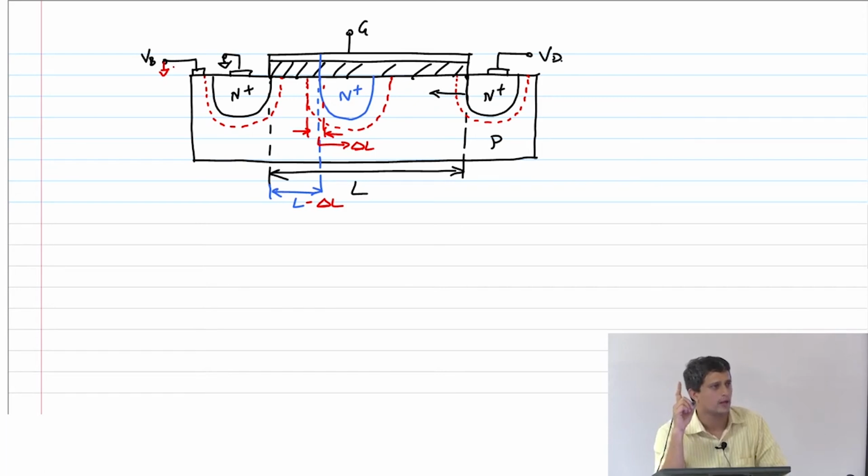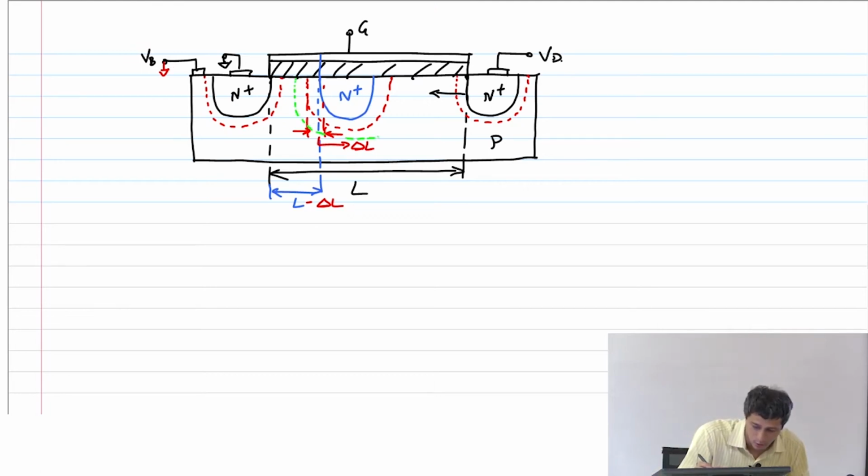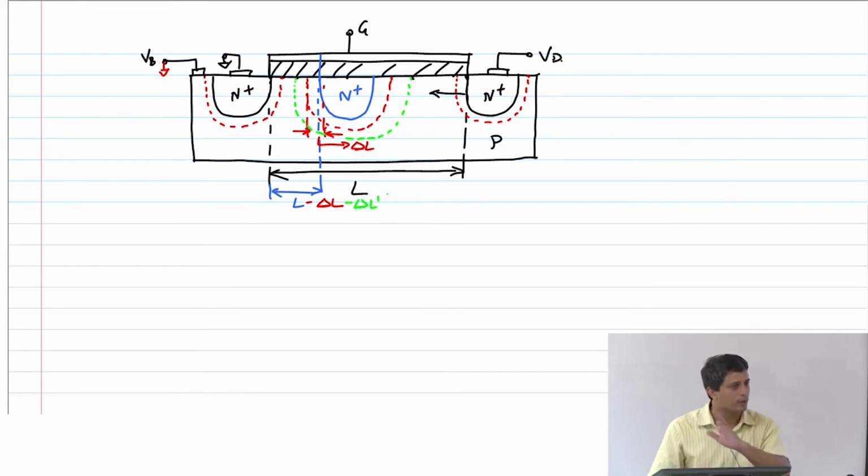Therefore if I now increase my VD, it makes it worse because this depletion region will go up further. So this will become delta L minus another delta L prime because of my new thing. So I will say VD equal to VDD, color coding it.